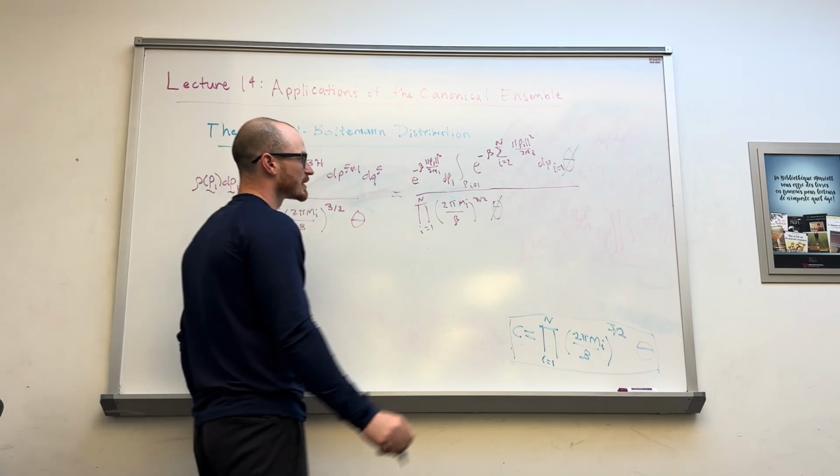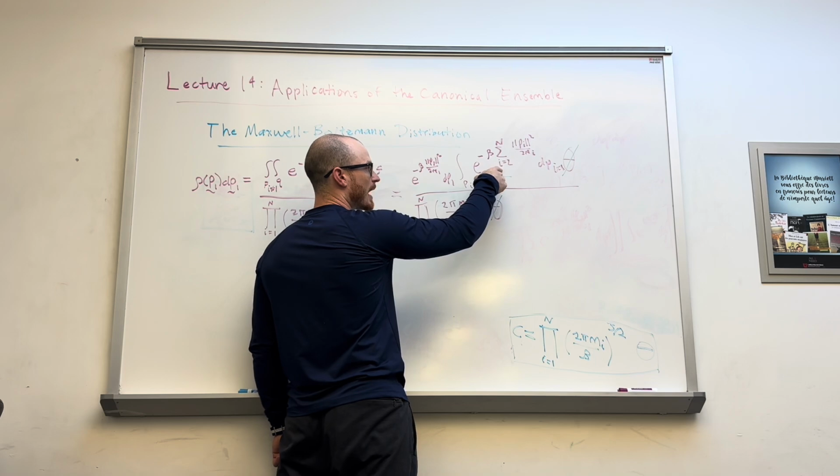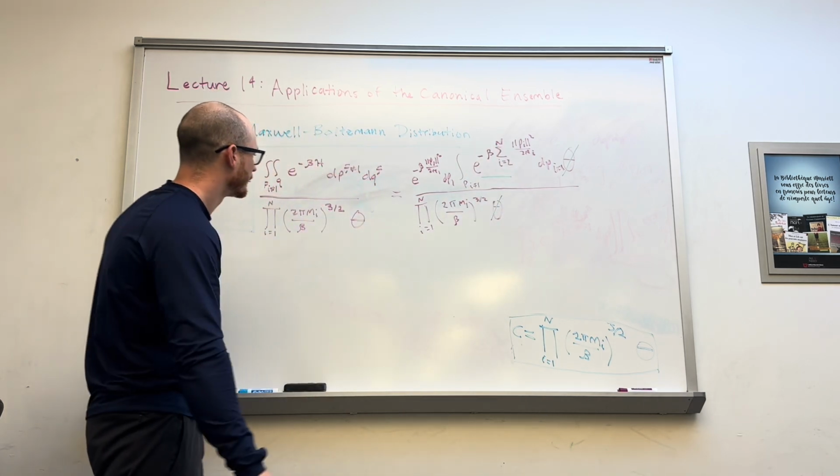And we can also notice that this integral is the same as the integral to get this, except now we're going from i equals 2 to n rather than i equals 1 to n.